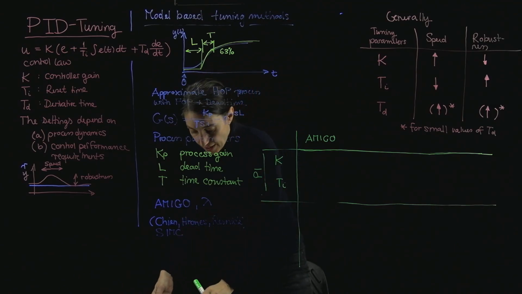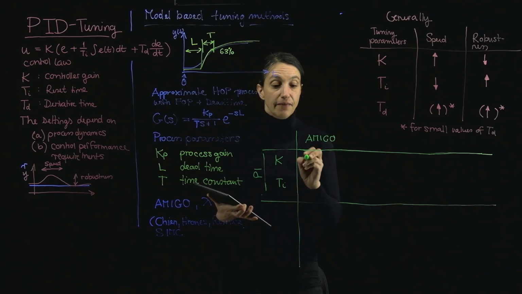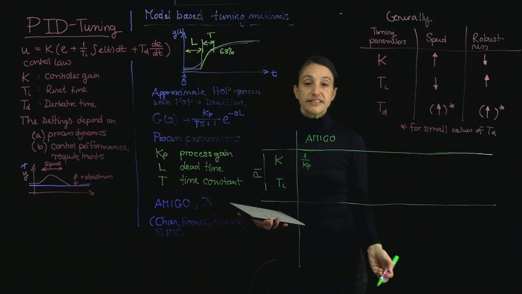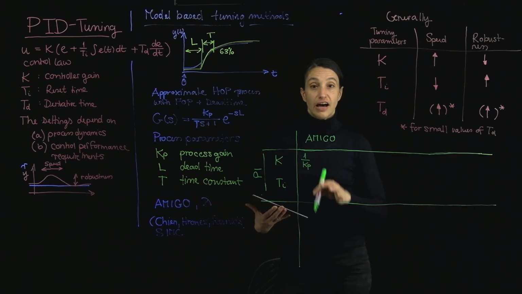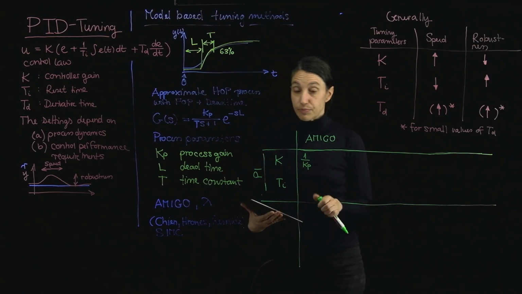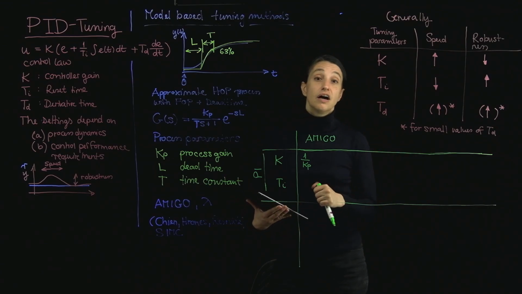And now I have to write it up. The most important thing is that most tuning rules have the factor 1 divided by Kp. And that is intuitive, because if you have a large process gain, that means you have a process that reacts very quickly. I always like to compare this to a car.